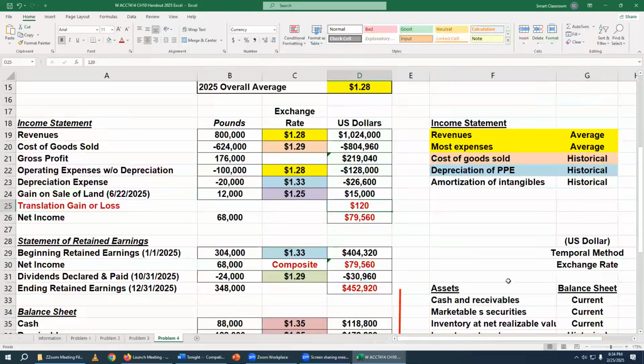And it bugged my friend to no end that you see this journal entry that just had one side. It had a debit. And then later on, the next year, they put in the credit for it. But yeah, it had to do with the translation gain or loss. And again, it was completely immaterial. It wouldn't matter. The CPA firm signed off on it, but he said it just bugged him to see that journal entry with just one side on it. And then the next year they had a journal entry with just the credit for the income on it.